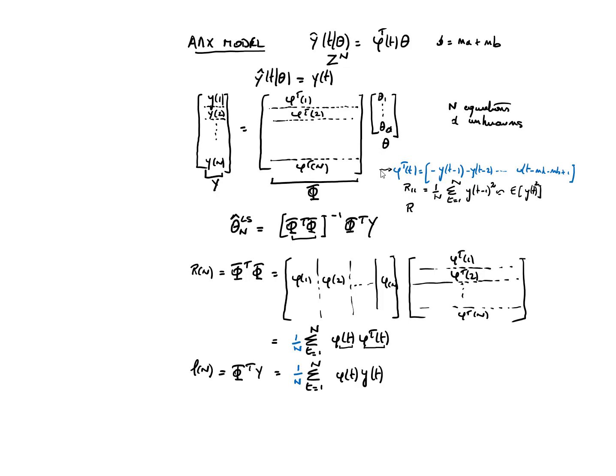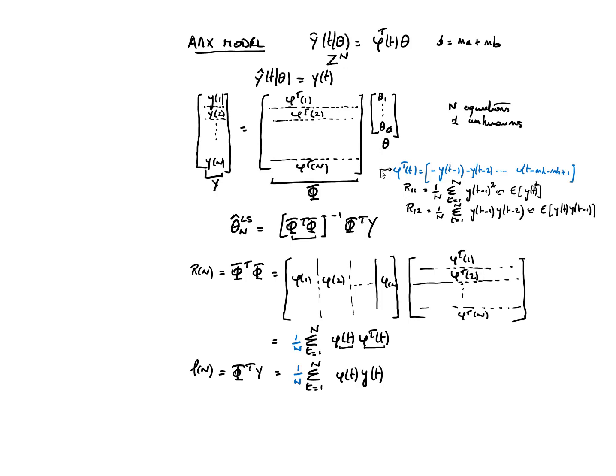So R12 will be 1 over n, a sum of t is equal to 1 to n, and then we'll have y(t minus 1) times y(t minus 2). So there we correlate a y with a previous y. So this will be an estimate of the correlation of y(t minus 1) with y(t minus 2). Okay, and so on.